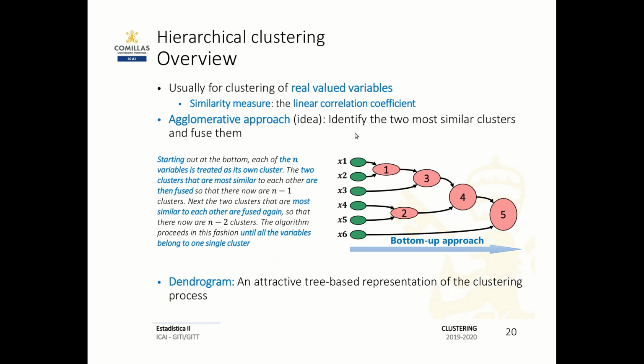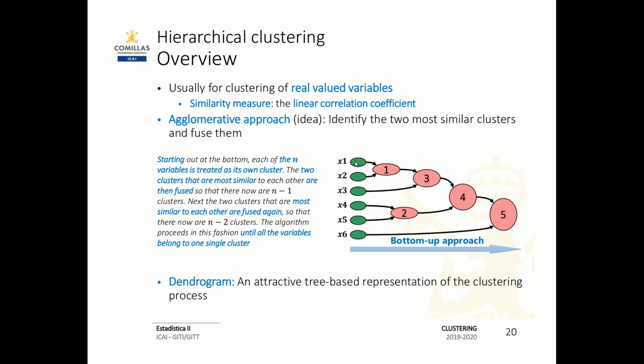Okay, so this is an agglomerative approach in which at the beginning all the objects or all the variables are independent from each other, and then they are grouped according to their distance.